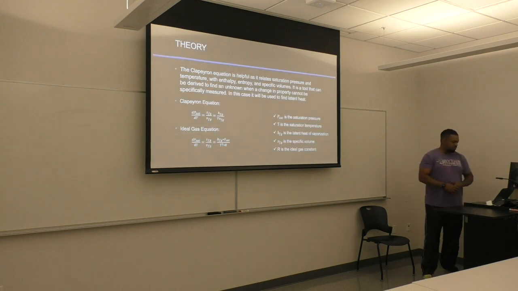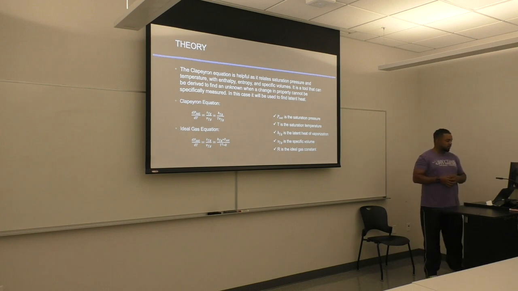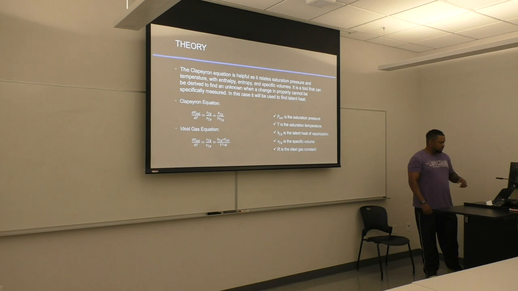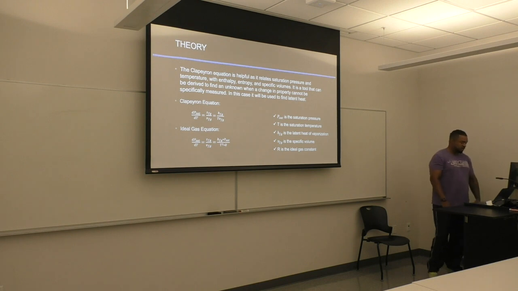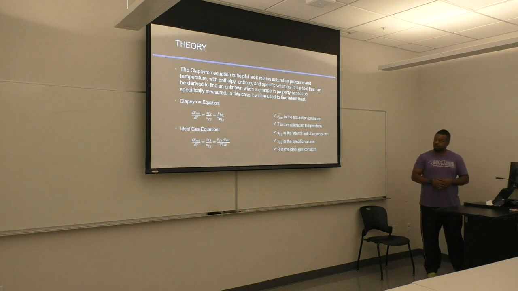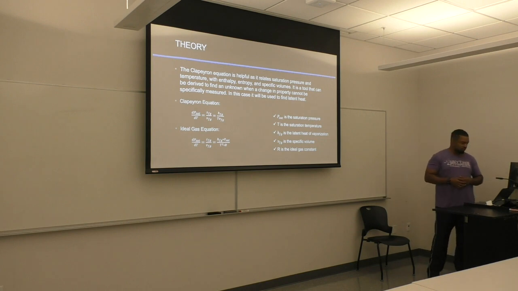All right, so there's two equations based off of the theory of the Clapeyron experiment. We have the Clapeyron equation, obviously, which is useful as it relates your pressure, temperature, entropy, specific volume, and enthalpy.